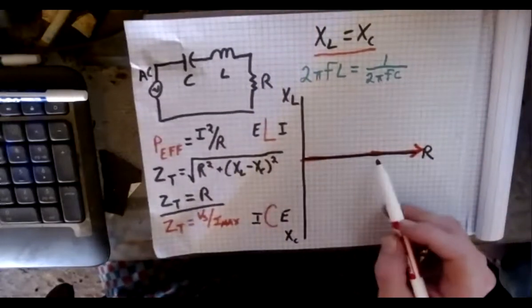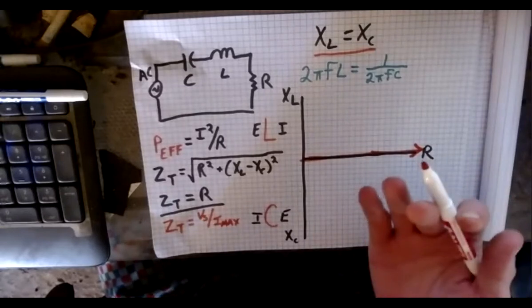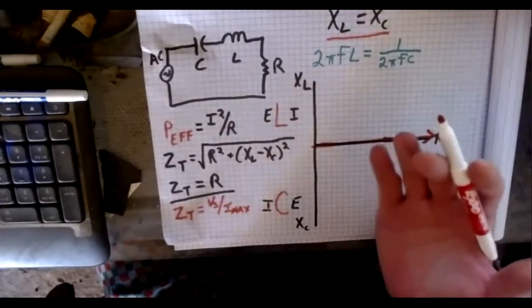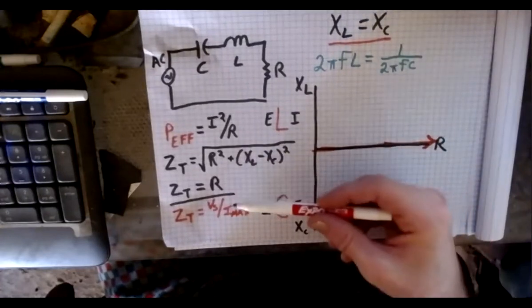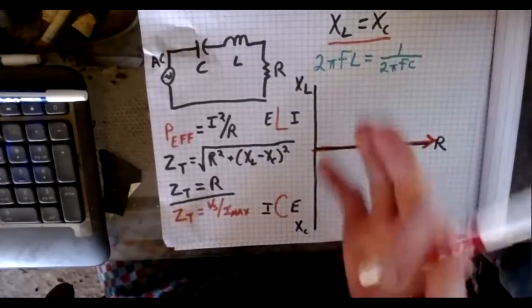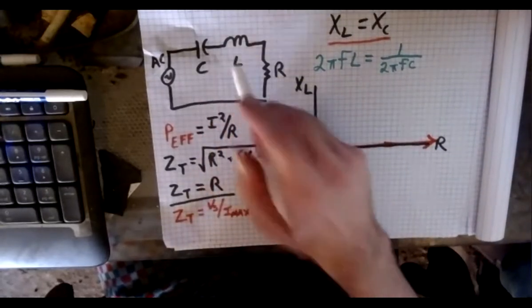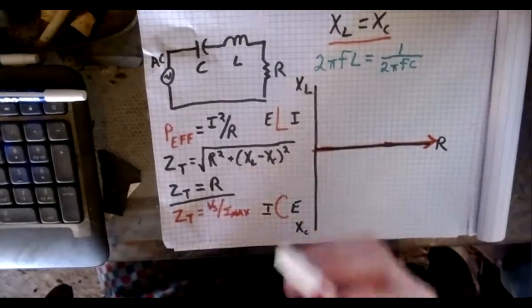Ideal response, minimal power loss, ideal response, voltage in phase with current. Because we're still dealing with an AC circuit, with a capacitor and inductor in my circuit.